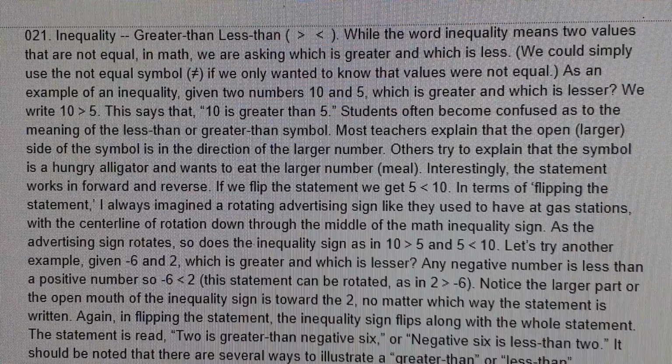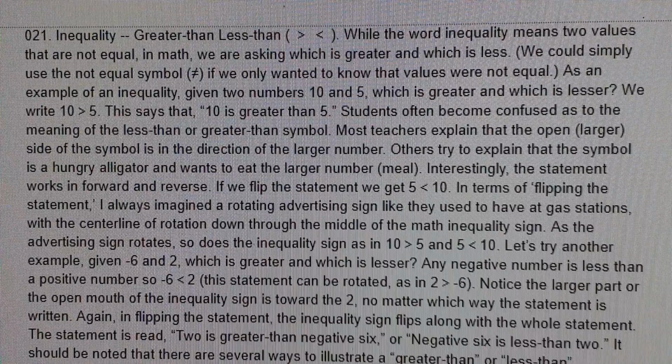As the advertising sign rotates, so does the inequality sign, as in 10 is greater than 5, where the large side is to the 10, and 5 is less than 10, where now the large side is still toward the 10, and the small side is toward the 5.